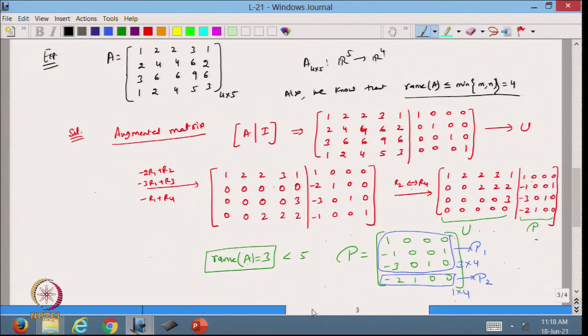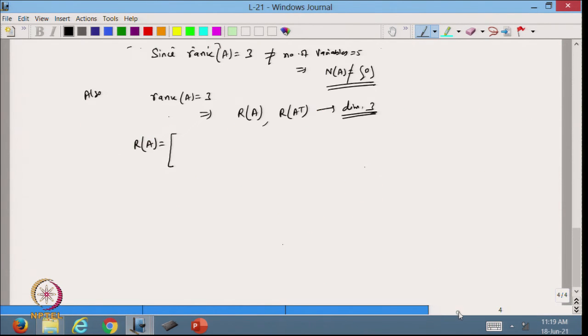So, I will take this matrix. In this case this is my pivot, this is my pivot and this is my pivot. So, these are the 3 pivot elements, and the non-basic columns are x2 and x4. So, from here you can write down the first, third and fifth.